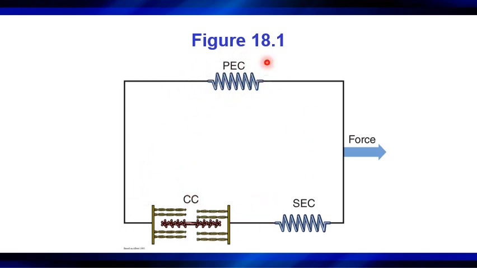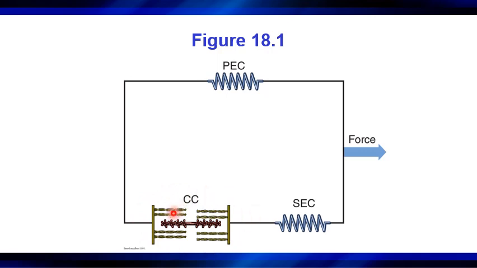Remember, there's not a whole lot of involvement of the parallel elastic component in plyometrics. That's the epimysium, perimysium, endomysium, all those passive structures, which can provide resistance to muscle stretch, but only with a passive stretch. Down here is the series elastic component, and the reason it's called that is because these are all of the components that are in series with the contractile component.